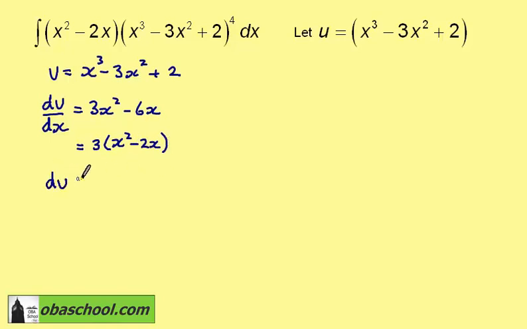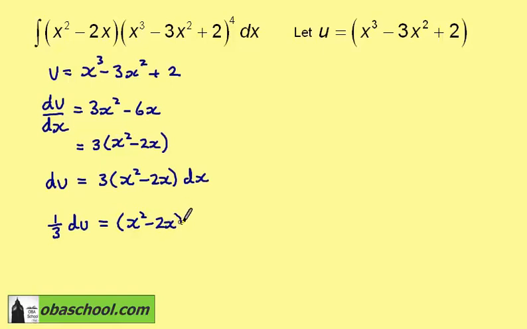If we separate the variables, du is equal to 3(x squared minus 2x) dx. Look at this. We can rewrite this as 1/3 du is equal to (x squared minus 2x) dx.